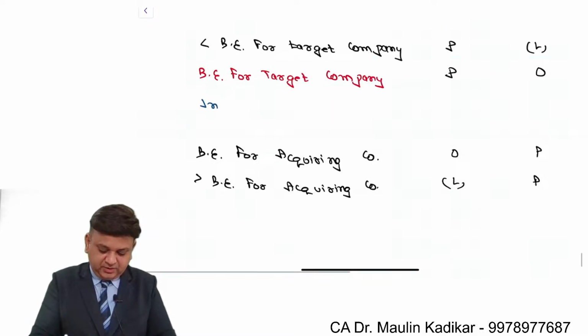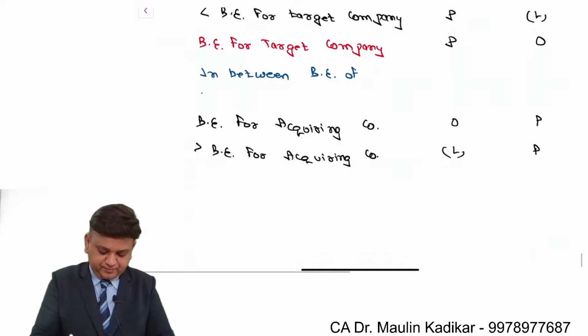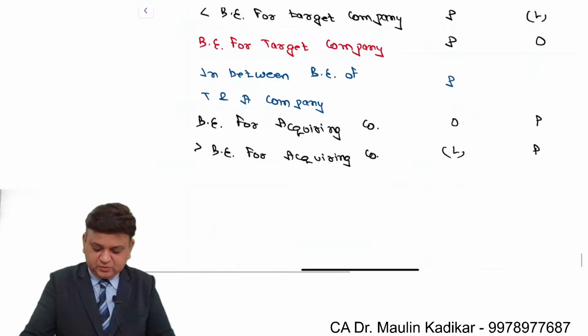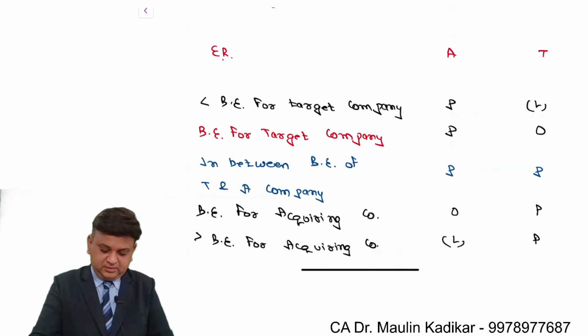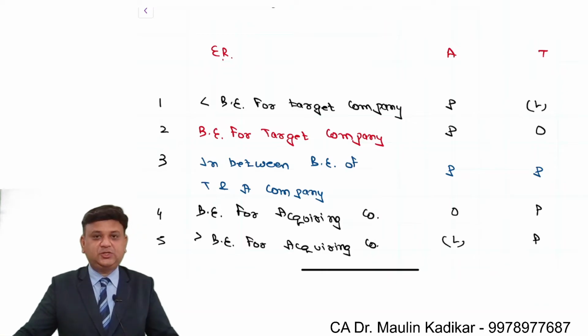And in between break even of target and acquiring company, both of them will have profit. So we will be having one of the five situations. And of course, most of the time it will be situation number 3.